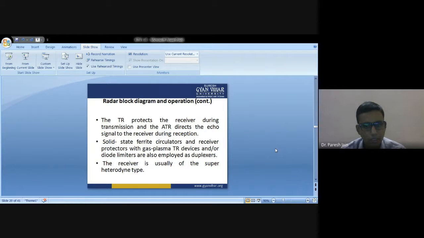So the ATR protects the transmitter during the receiving section. So the duplexer is a switch which works one time as a transmitter and next time as a receiver. Solid state ferrite circulators and receiver protectors with gas plasma TR devices and/or diode limiters are also employed as duplexers.